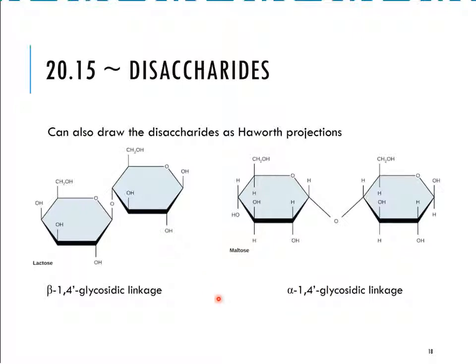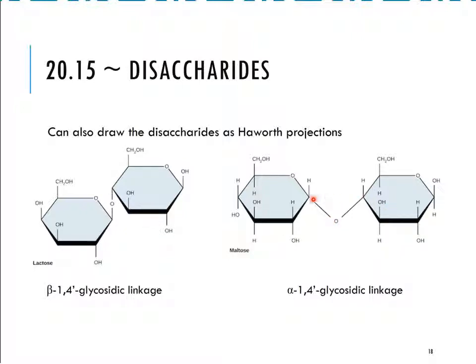We can also draw these as Haworth projections, which can definitely be a little bit easier when you're trying to draw these. So we saw the chairs on the last 2 slides. Here are the Haworths. So let's look at the alpha first. We have a 1,4 glycosidic linkage, alpha. So at carbon number 1 here, it's pointing down, and that's what makes it alpha.